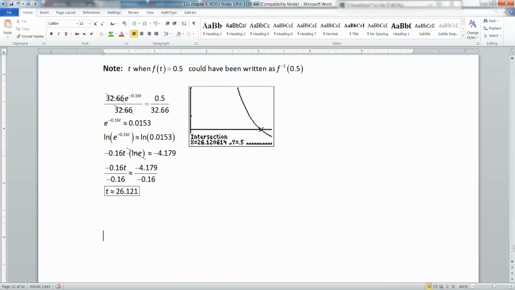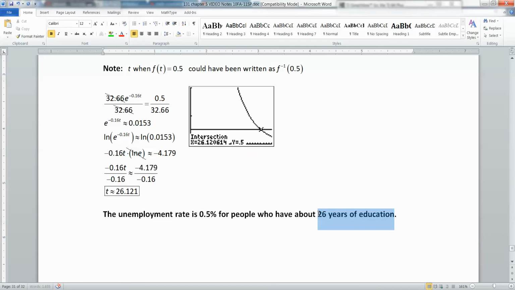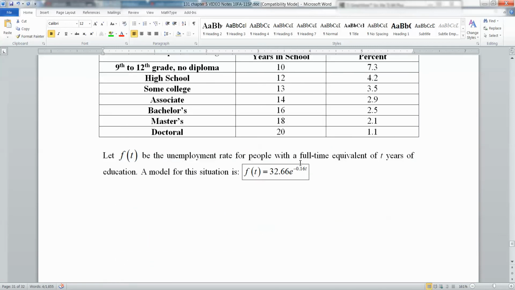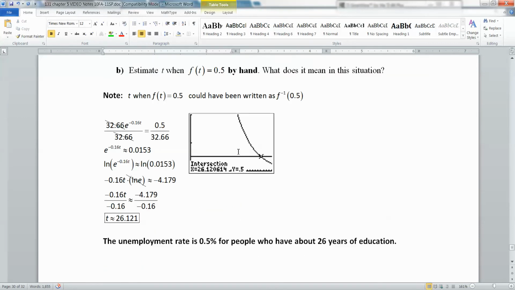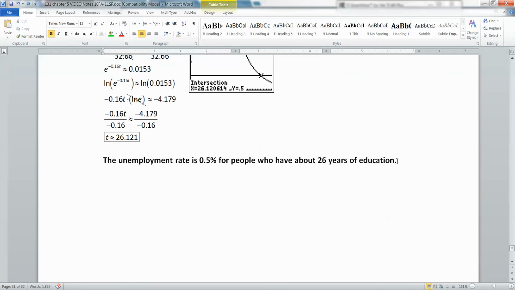The unemployment rate is 0.5% for people who have about 26 years of education, which is a lot of school. Yes, tons and tons of school. That's like doctors and honestly professors sometimes, but mostly usually doctors, lawyers, that kind of thing.